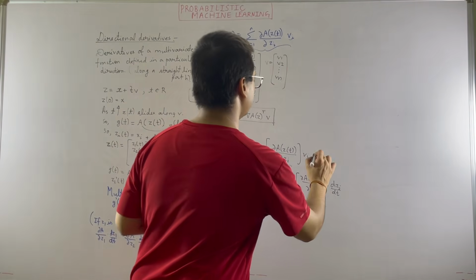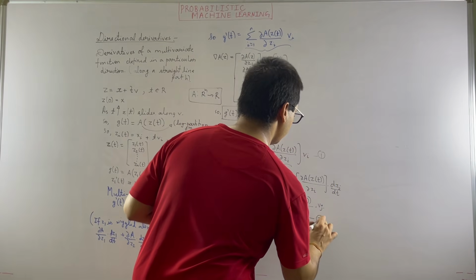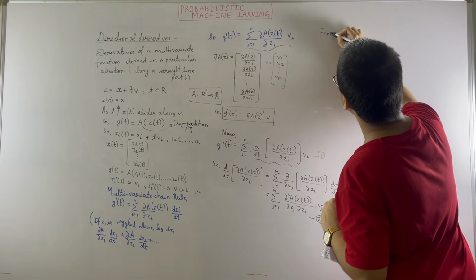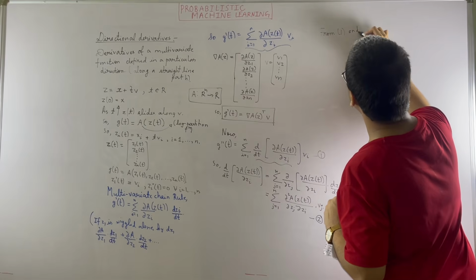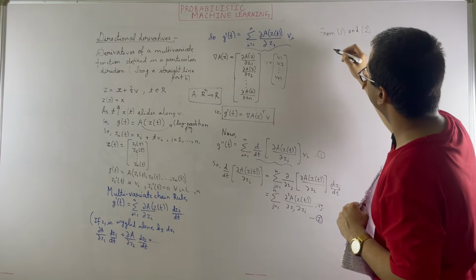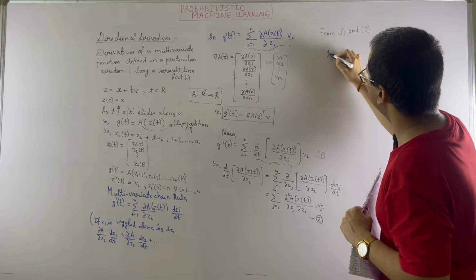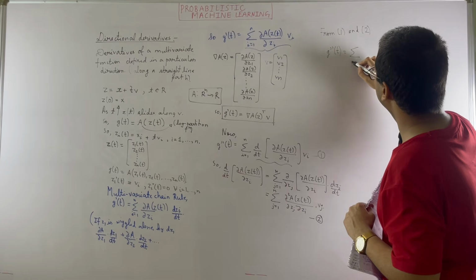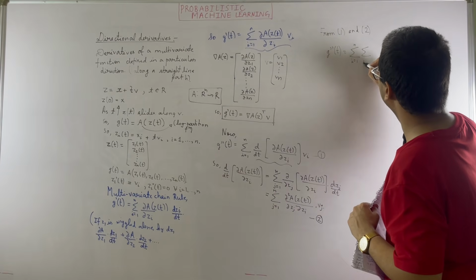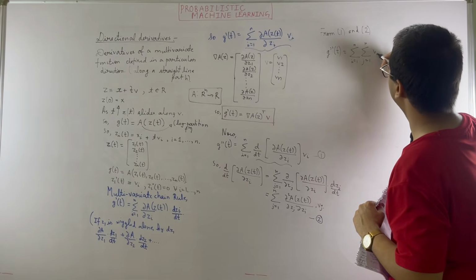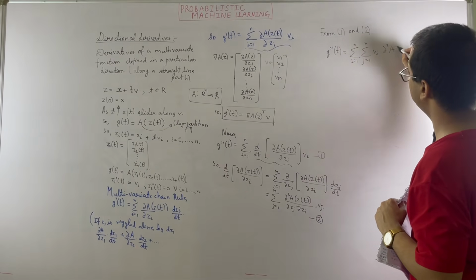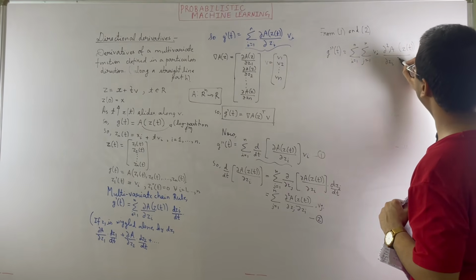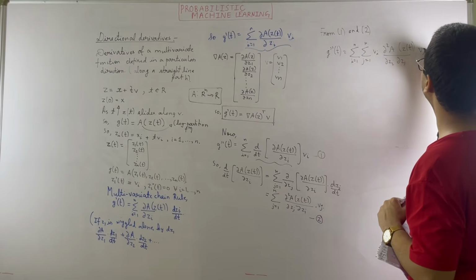So what does this become? This is, let's say, 1, and this is, let's say, 2. From 1 and 2, what I can say is that g double dash t, the double derivative, is the sum over i equal to 1 to n, j equal to 1 to n, of vi ∂²A(z(t))/∂zi∂zj into vj.